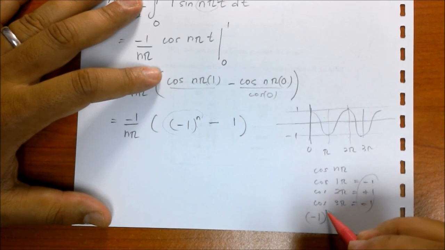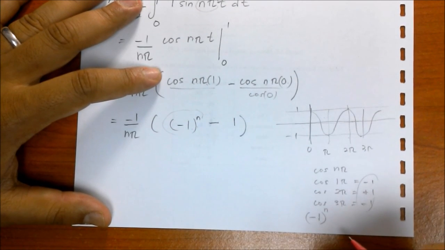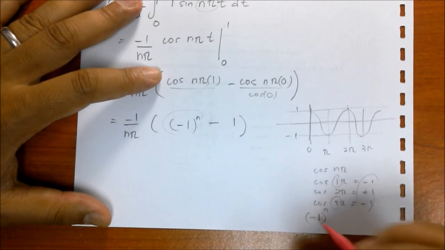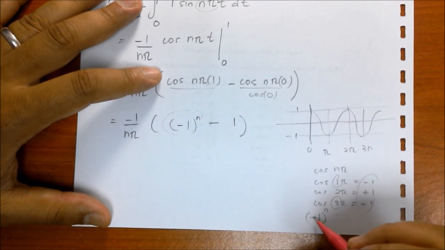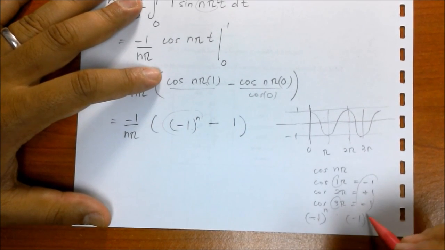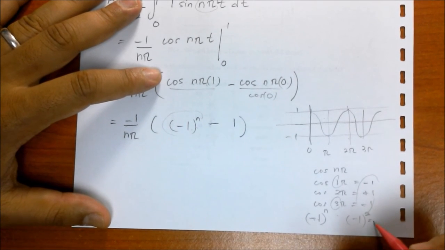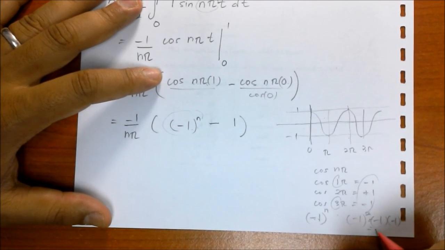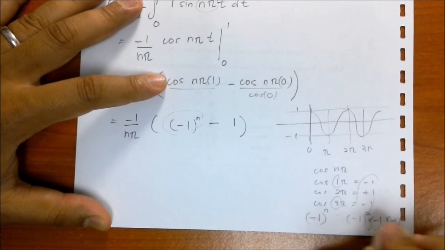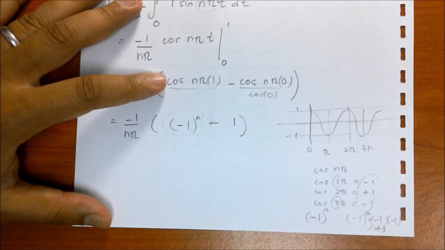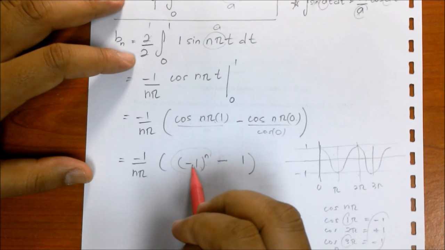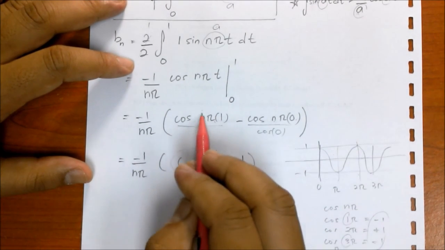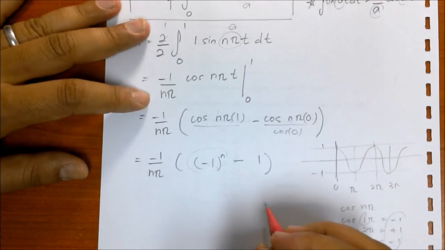If it's an odd number, it will always give negative 1, while if n is an even number, 2, 4, it will give us a positive value. For example, 2 will give us plus 1, right? So this is the simpler term of cos n pi.